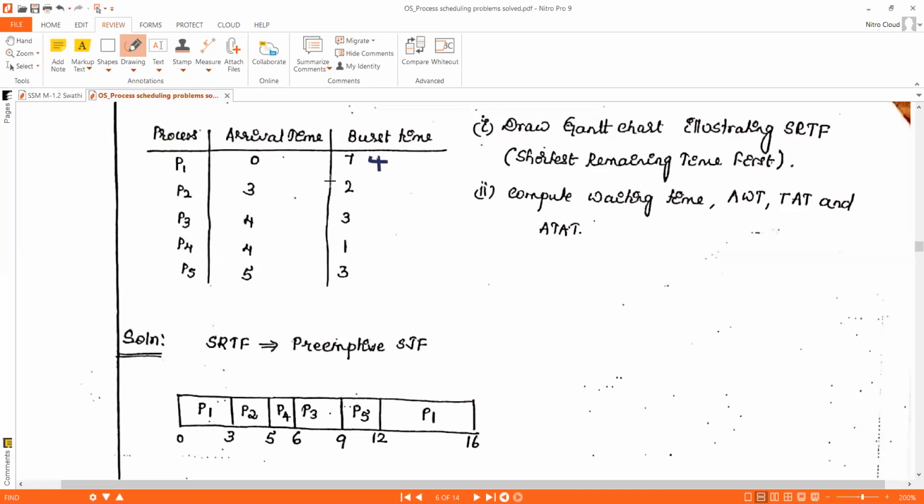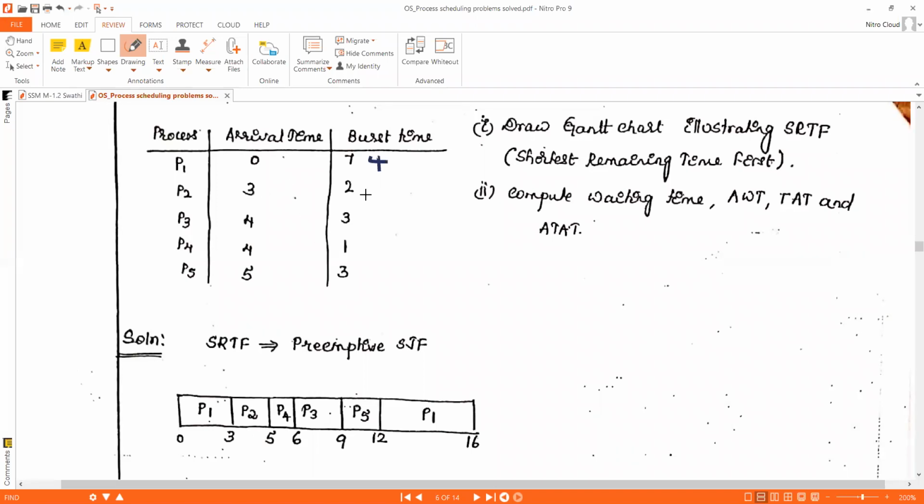Here process 2's burst time is less than process 1's remaining burst time, so the operating system will preempt process 1 from the CPU, and the CPU will be scheduled for process 2.